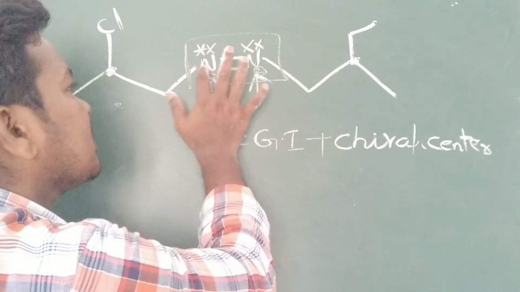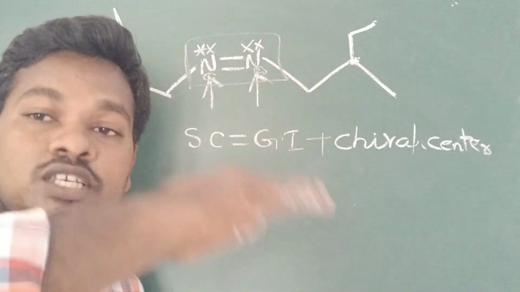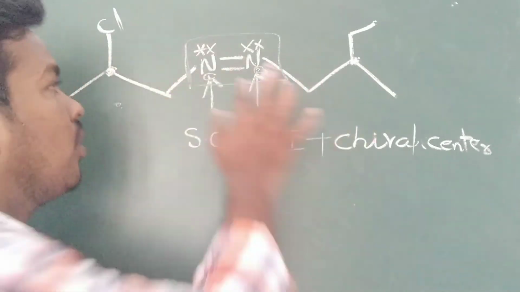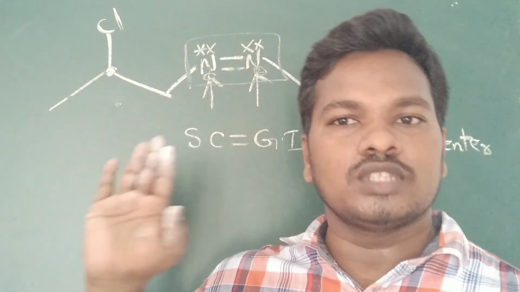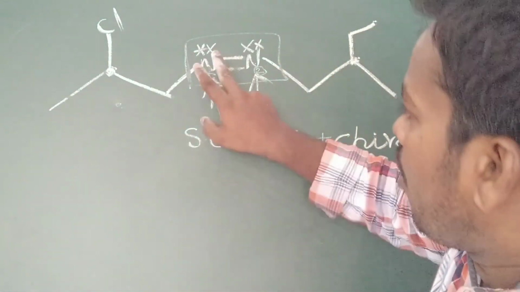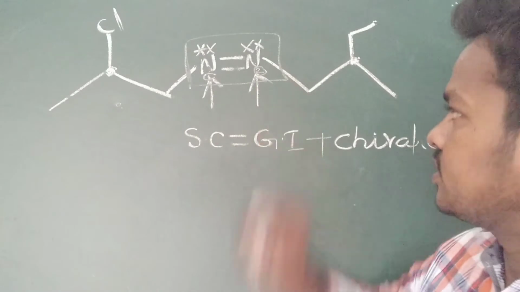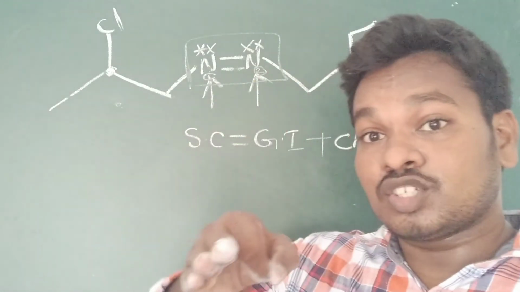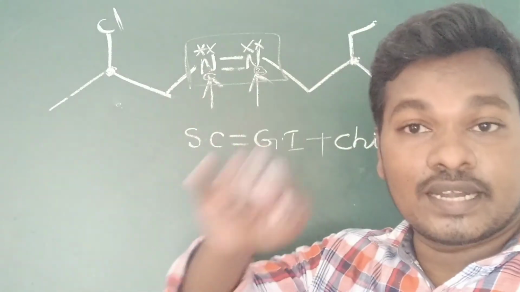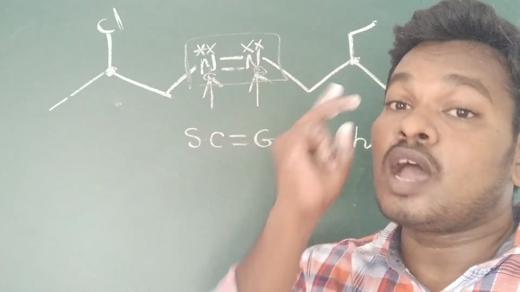It is not necessarily carbon. What I said is, a double bond containing system should show the geometrical isomerism. First of all, double bond is there, of course, between the 2 atoms. That's why we are using the formula with 2 atoms. First we have to see whether a double bond is there. Of course it is there. Second, in the double bond containing system, each atom should be attached with different groups.